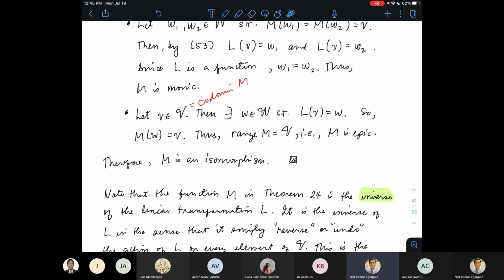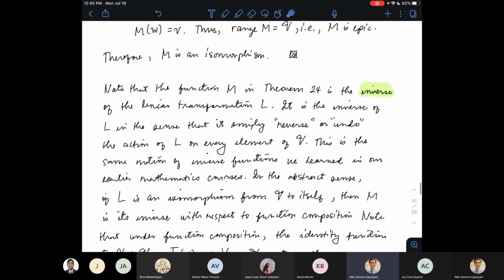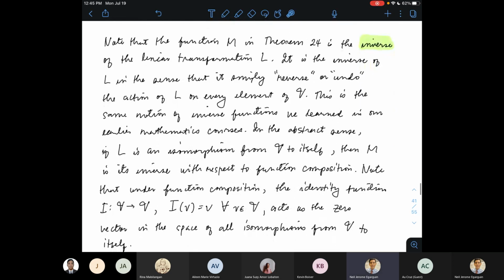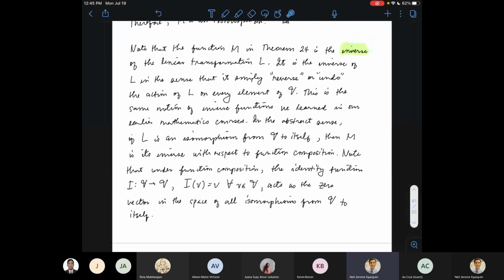Okay, so I kept on discussing some things about the inverse, but these are things that you know from elementary algebra, right? Yung inverse function, ang ginagawa niya lang, nire-reverse niya lang or ina-undo niya lang yung ginagawa ng original function, right?